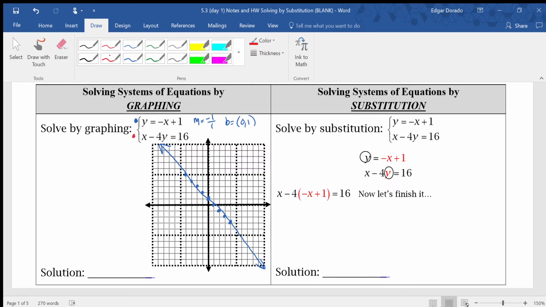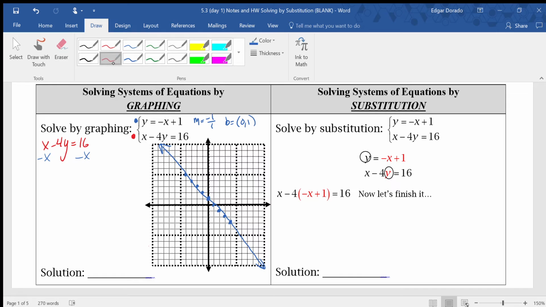Now this next equation in our system is not in slope-intercept form. So what we want to do is figure out what that slope-intercept form would look like. I have x minus 4y equals 16. I want to get the y all by itself, so I want to isolate my y by subtracting x on both sides.